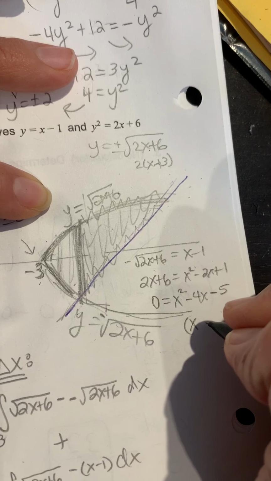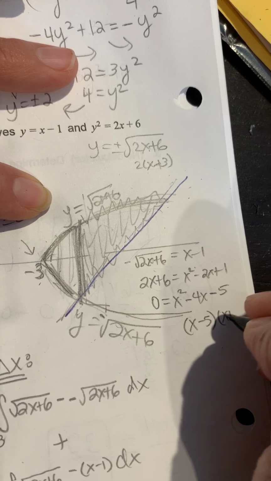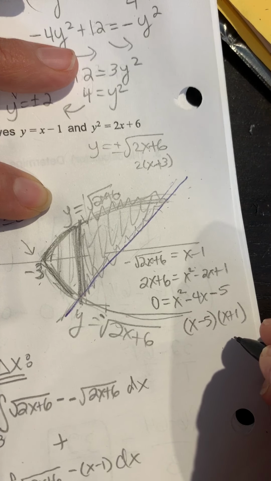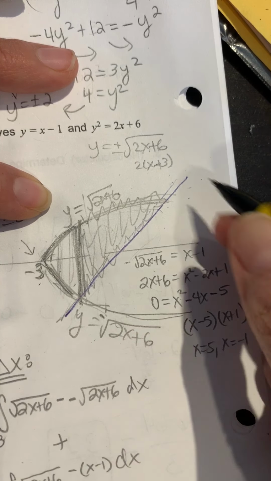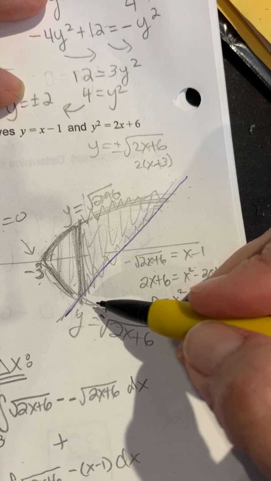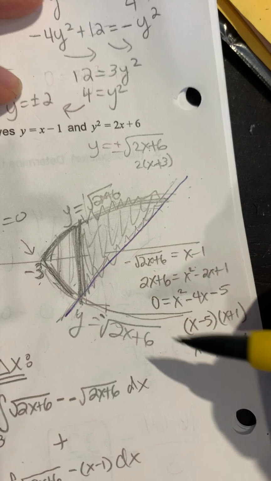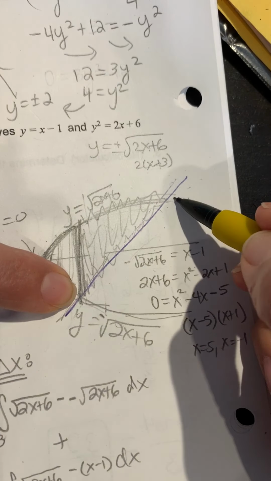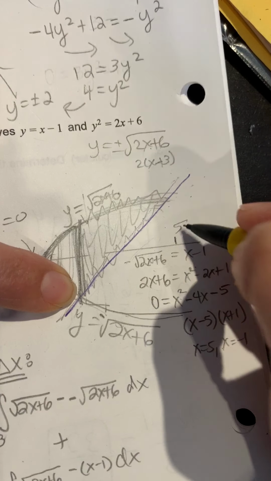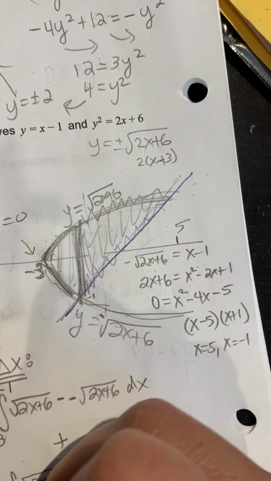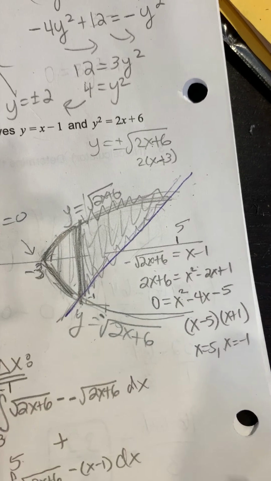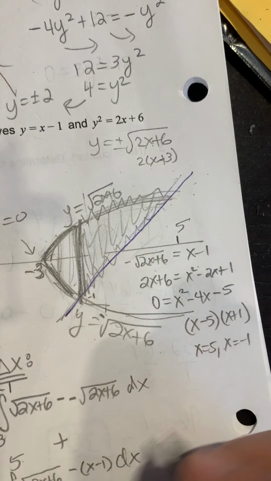So x minus 5, x plus 1 is equal to 0. So x is equal to 5, x is equal to negative 1. So by the looks of this, this must be negative 1 here, and that must be 5. Okay, so this is to negative 1, and then this is from negative 1 to 5. And then we're going to add them, and that's how you would get that.